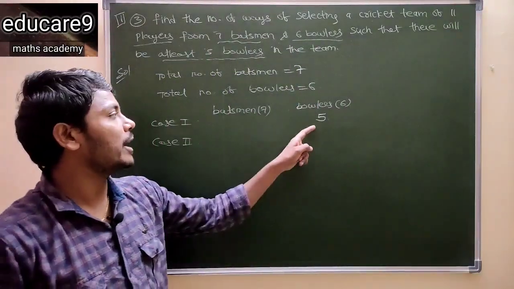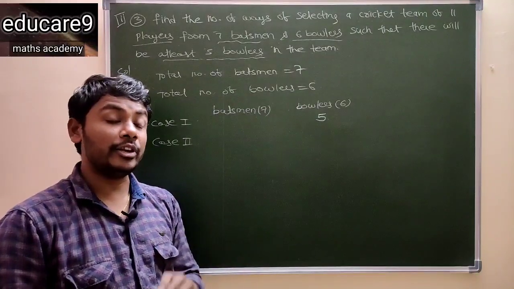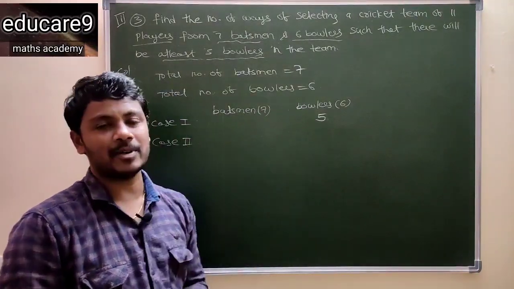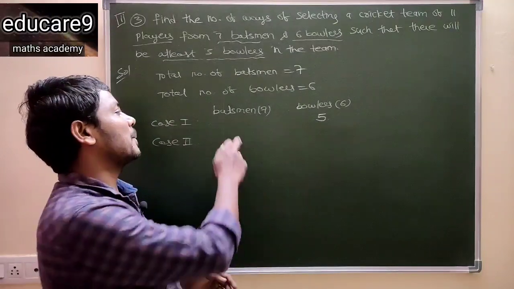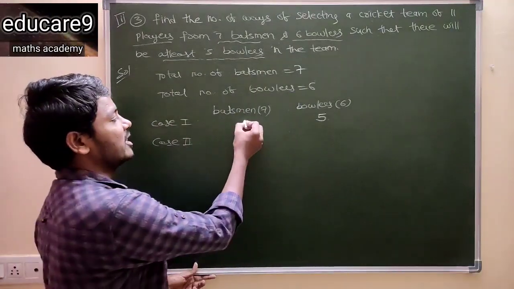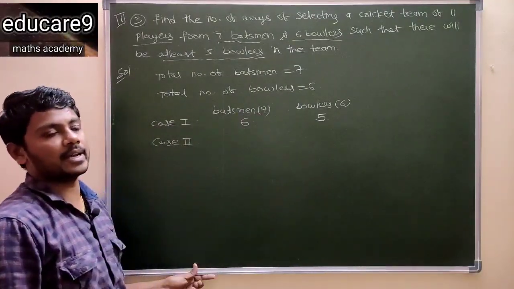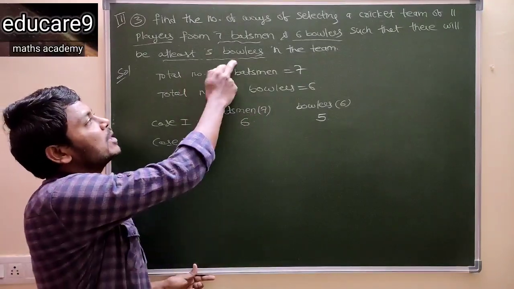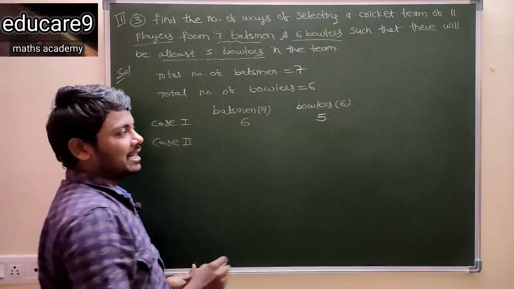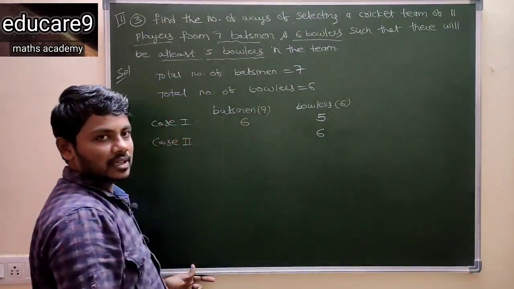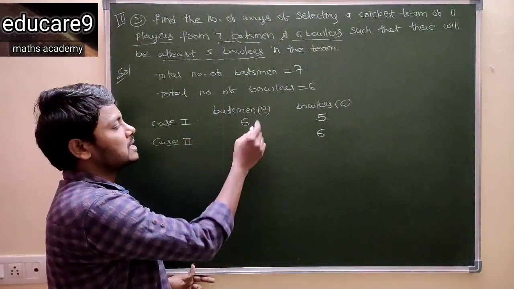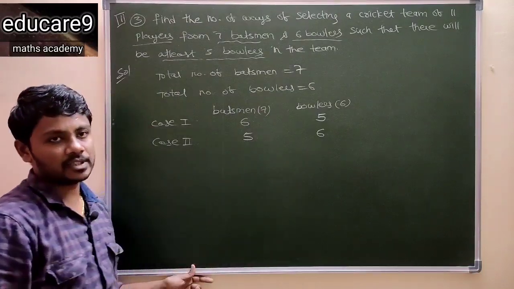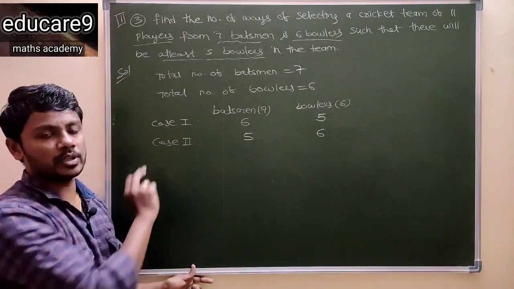So in that 5 are bowlers and you need to select the remaining 6 persons. That all persons are batsmen. So that is 6 batsmen out of 7. And here at least 5 bowlers is given. You need to select 6 bowlers also. And remaining 5 people are batsmen. So these are the 2 possibilities.